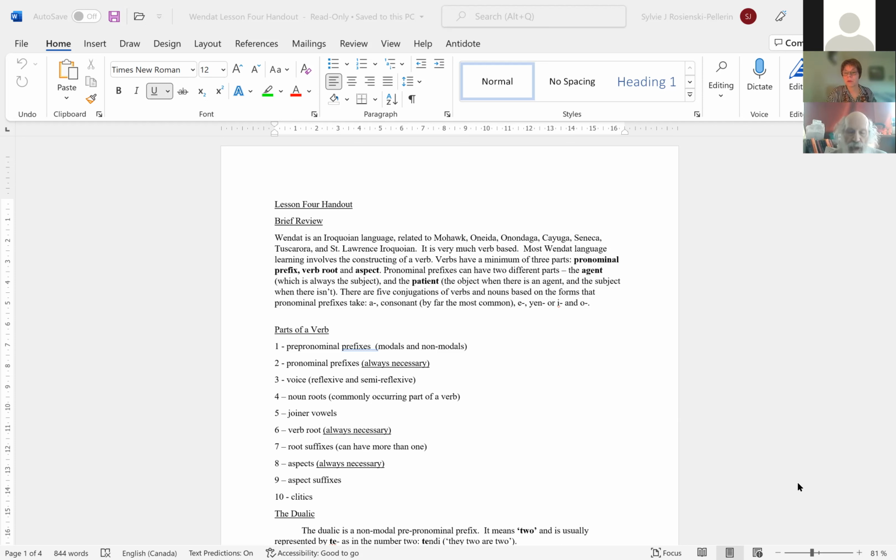Now, there are 5 aspects. I've mentioned this before, but it's just kind of review. There are 5 aspects. The most common one is the stative. It means to be in a state of. It's happening, it's being. Then there's the habitual, which means often, frequently.